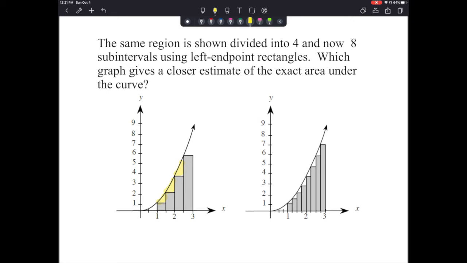But when we break it into 8 subintervals, you'll see we have more little spaces, but they're all much, much smaller. So the more rectangles we can cram in there, the less extra space we're going to leave under the curve. So in this case, this one will give us a better estimate, or one that's closer to the exact area of that space under the curve.